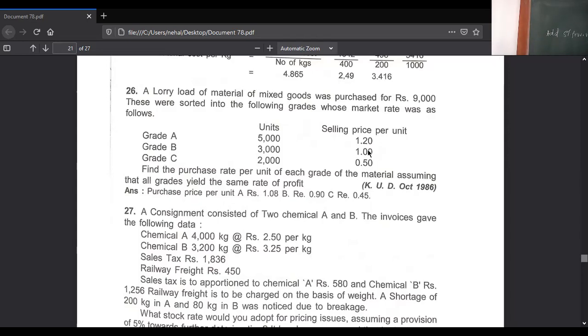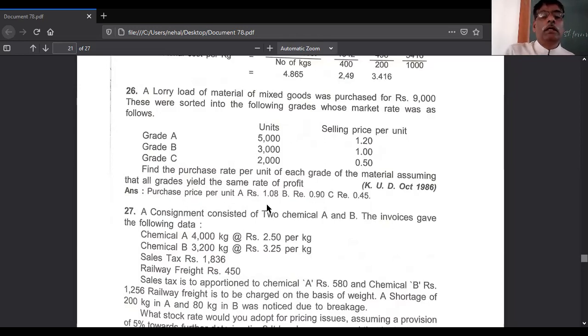What is the answer? 1.08. 1.08 is the cost of first category.